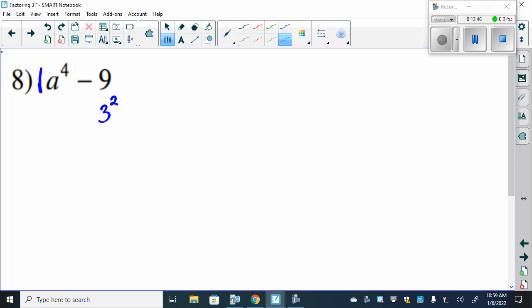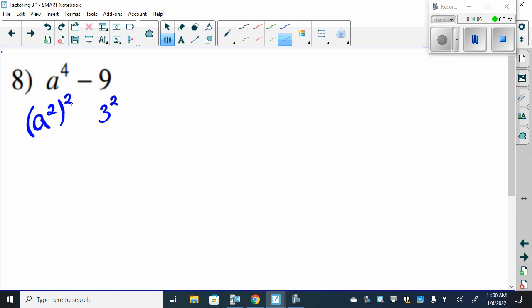Can I take the square root of a to the 4th? It actually can. It actually works out that this is a squared.